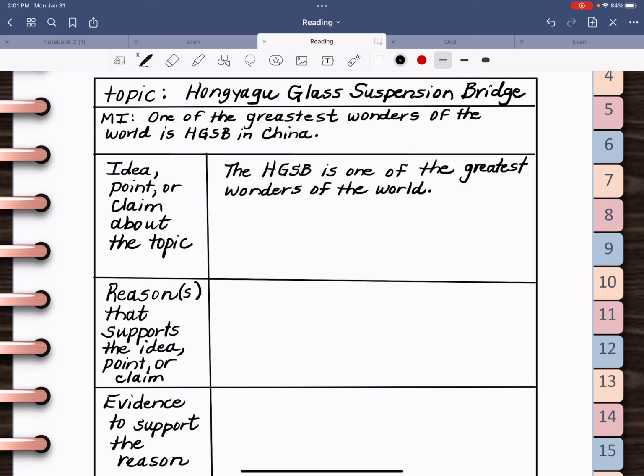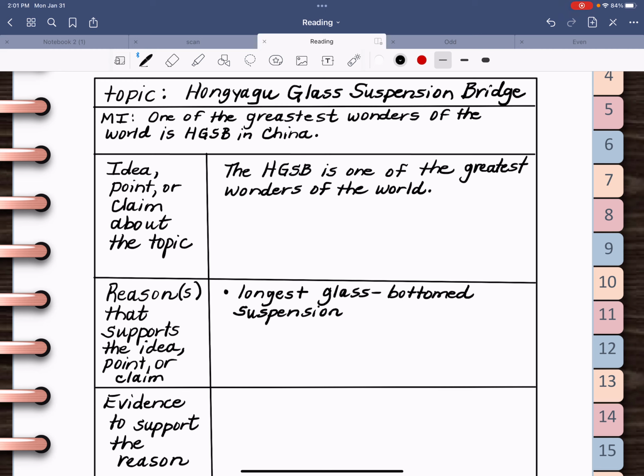Well, for one thing, one reason, it is the longest glass-bottomed. The fact that it's glass-bottomed, to me, would be yet another reason. So really, we have two reasons here. The longest glass-bottom suspension bridge, which means it's just out there between 2 points.